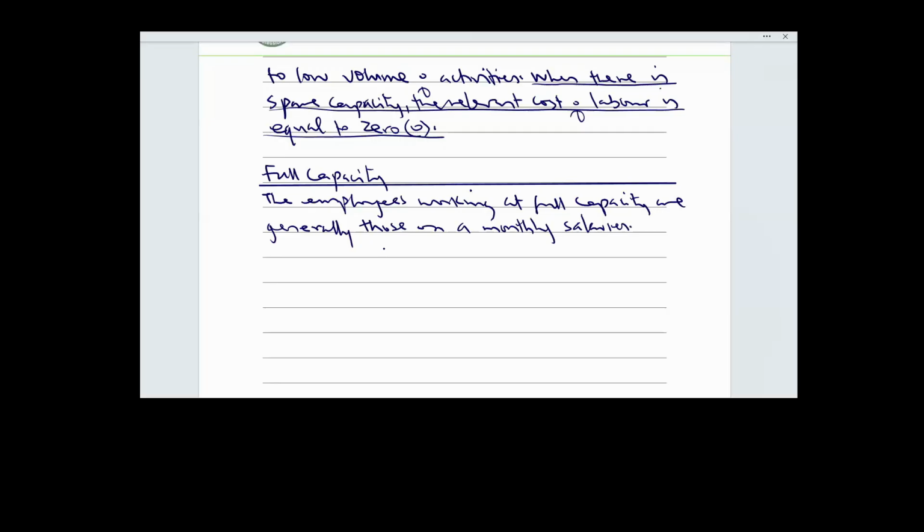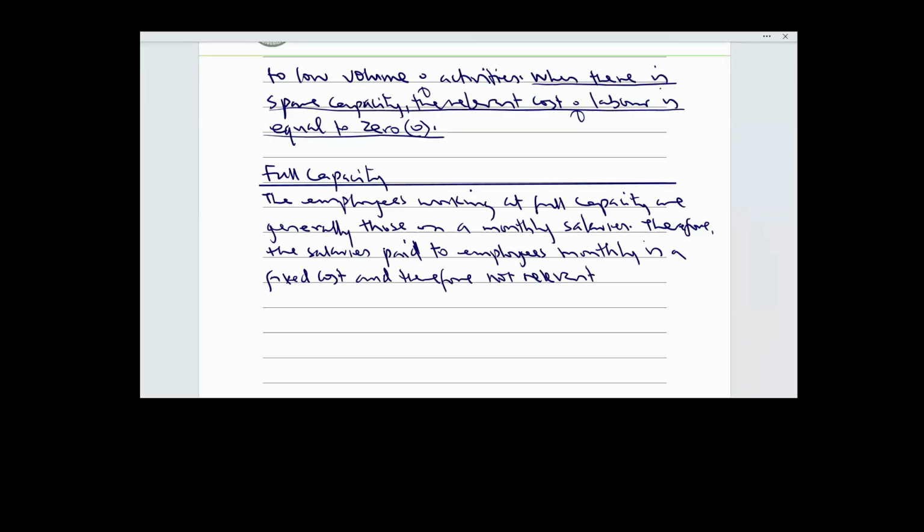Therefore, the salaries paid to employees monthly is a fixed cost, and therefore not relevant to the future decision that is to be taken.